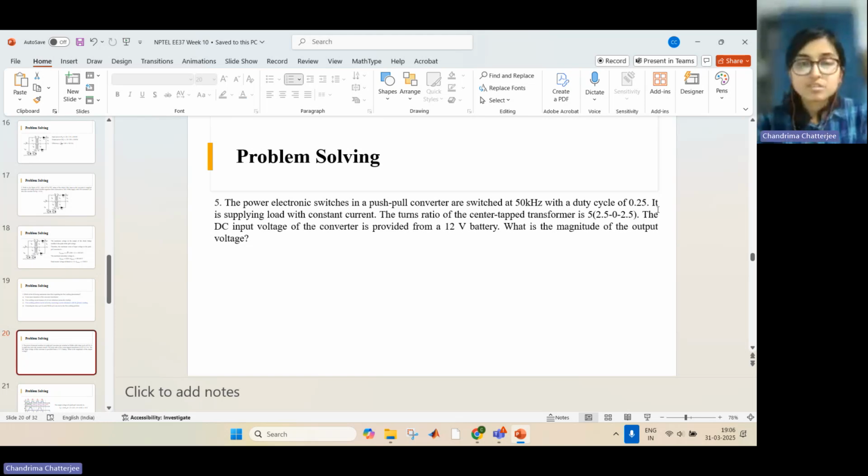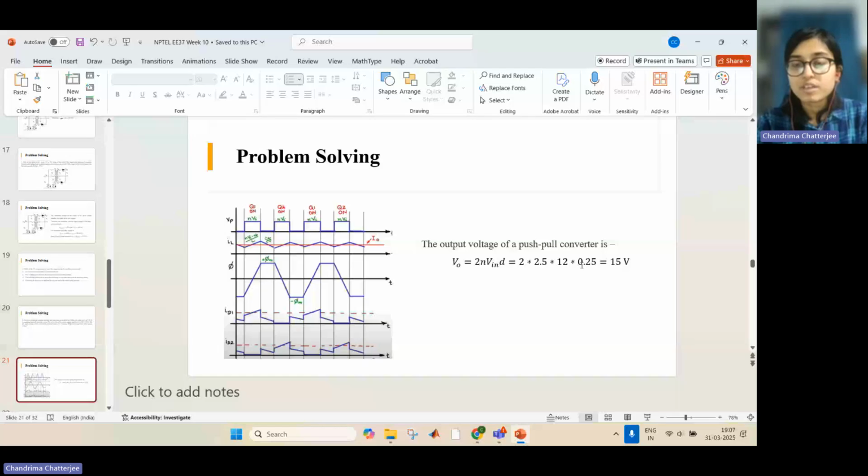So for push-pull converter, we saw that the output voltage and input voltage relation is 2N Vin D, where N is the turns ratio, Vin is the input voltage, D is the duty cycle. So everything is given here. This is straightforward: 2 times 2.5, 12 and 0.25. Here this N is the turns ratio, Ns by Np, where Ns is the number of turns of each winding of the center tap transformer.